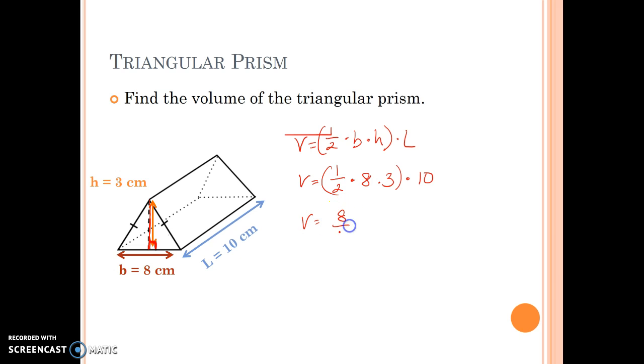Volume equals 8 over 2 times 3. Oops, I was about to write a 30 there because I'm jumping ahead of myself. Times 10. Volume equals 4 times 3 times 10. Volume equals 12 times 10. And the volume of this particular triangular prism is going to equal 120 centimeters cubed.